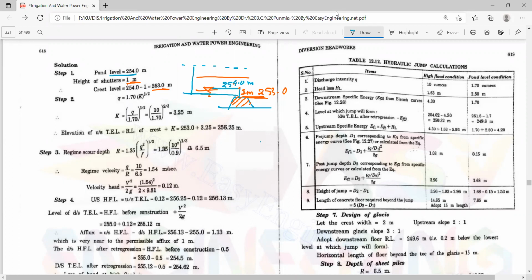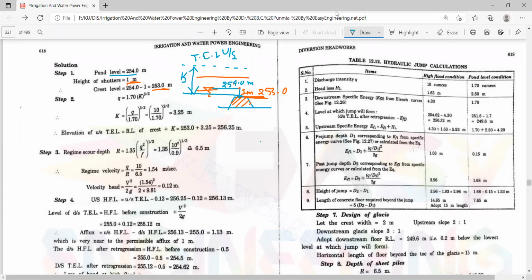So remember, K is the distance from the total energy line on the upstream side to the crest level of the weir. That distance is K. So how to calculate the K value?